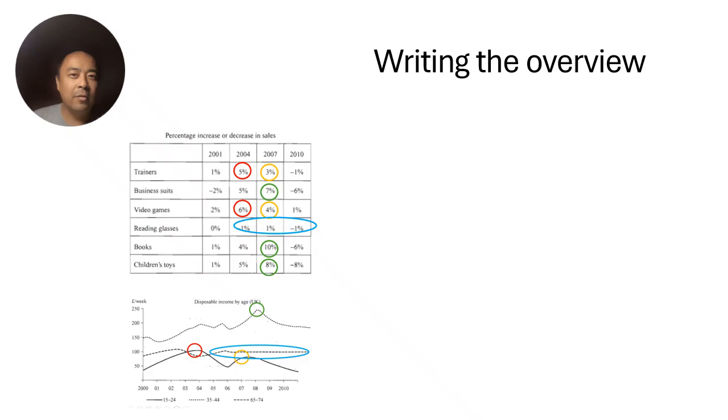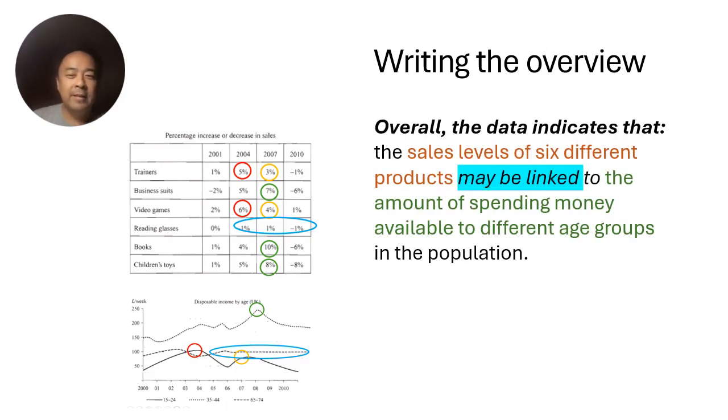There is correlation, right? Well, how about this? Overall, the data indicates that the sales levels of 6 different products may be linked to the amount of spending money available to different age groups in the population. That complex sentence alone gives me a nice overview of what's happening here. We're talking about the correlation.